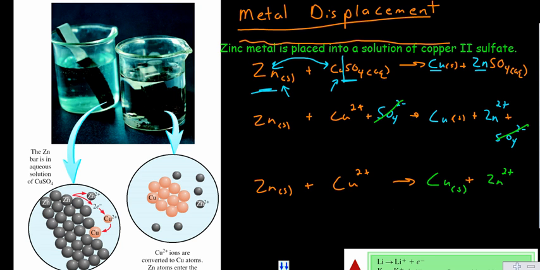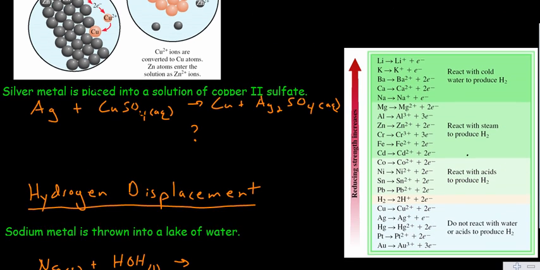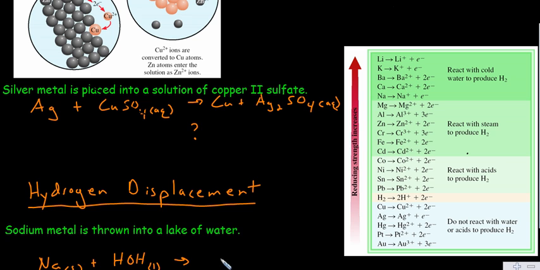is actually quite reactive. Let's look at the activity series here. Zinc is quite reactive. It's quite high up on the activity series, whereas copper not so much. Zinc has a high ability to be oxidized or to reduce something.